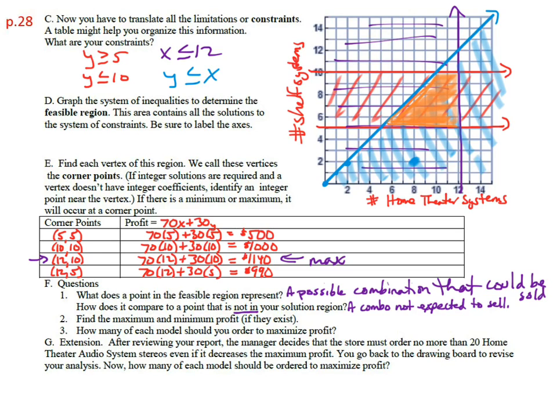Alright, so we did find the maximum. I'll switch colors here. We said our max was $1,140, and then our minimum, if we look back at our table, the least amount was that $500.